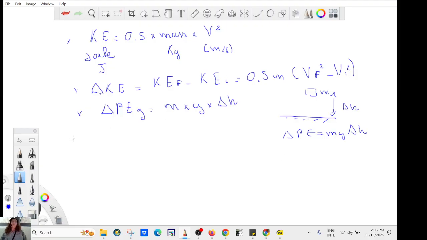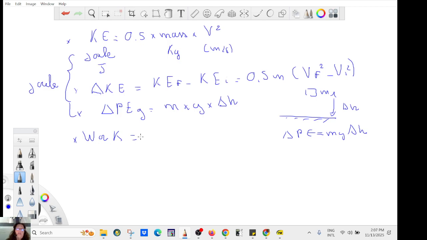And then I introduced a new physical quantity. And this is in joule. This is also in joule, right? Because it's all in joule because it's energy. And work is a new physical quantity. You can think of work as energy in transfer from one system to another system.